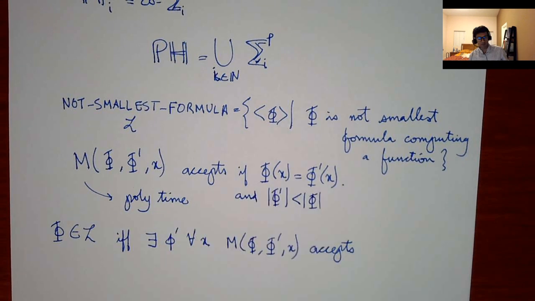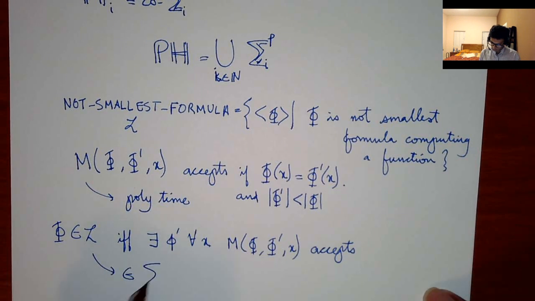Sorry, it should first check this, right? It should check both of them. So first it's going to take something that is smaller, and it's going to say if there exists something that is smaller, then for all x they should be the same, in which case it is not the smallest formula. And therefore L is in sigma 2.